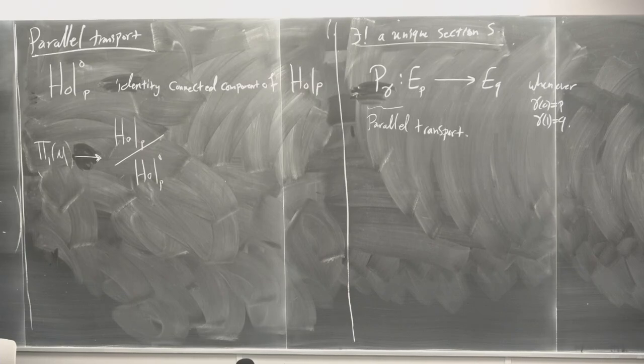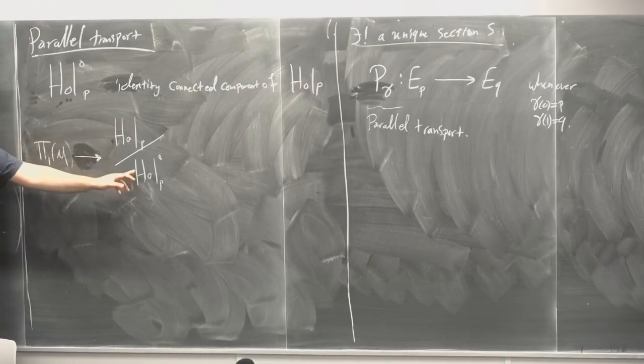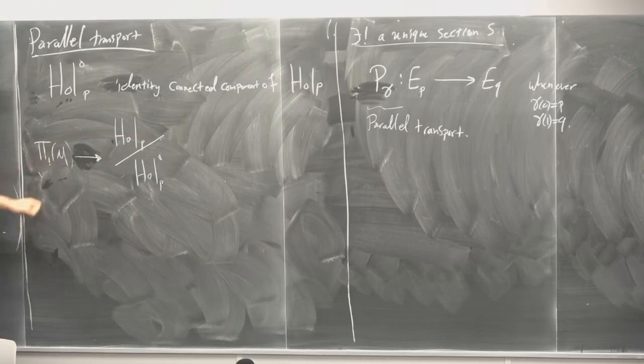And so essentially when M is simply connected, this will be the whole thing. Hol P will be the entire thing, and it will be connected. Otherwise, basically Hol P is an extension of this identity connected component by some discrete group.